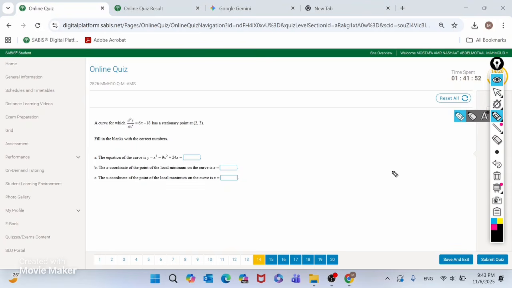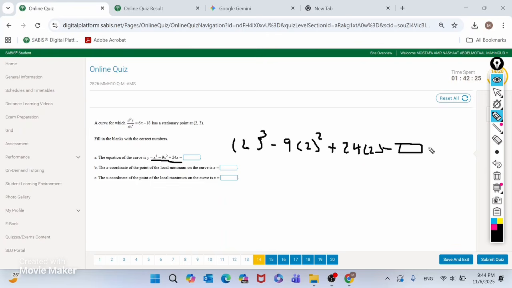So guys, take this because this is the equation of the curve, and put it equal to 3. So 2 cubed minus 9 times 2 squared plus 24 times 2 minus blank equals 3.